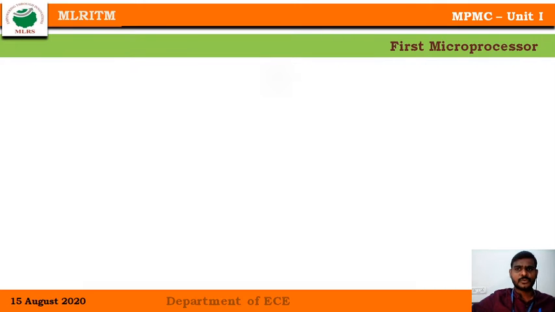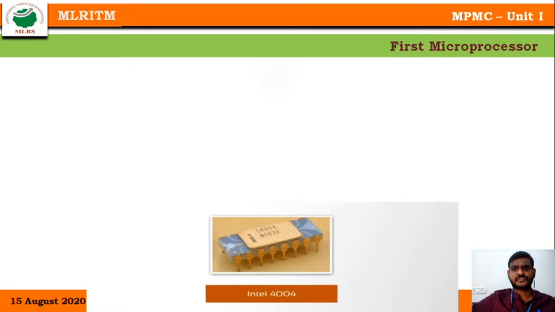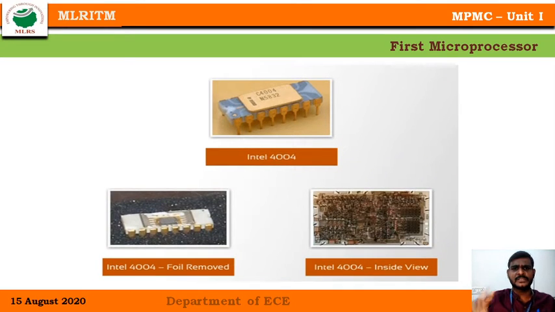Next, if you see the first picture of the Intel 4004, this is the first 4-bit microprocessor, as I said earlier. If you remove the golden foil over it, this is the architecture you see.